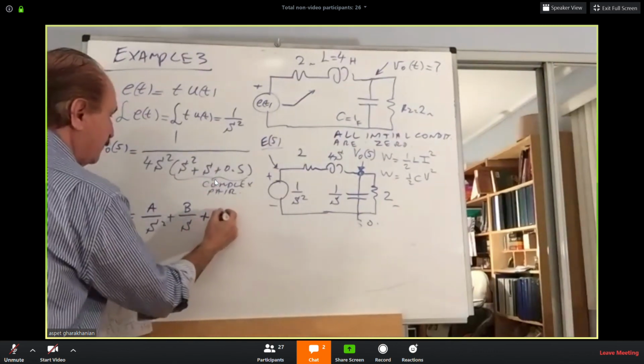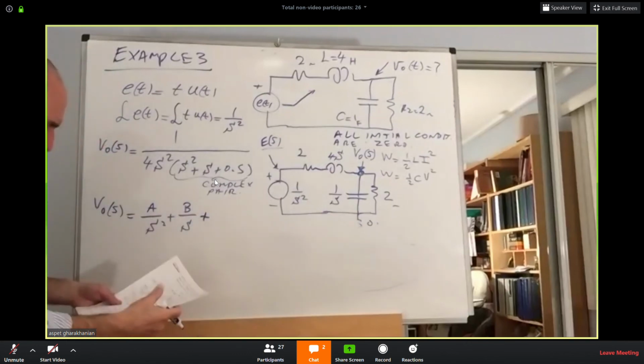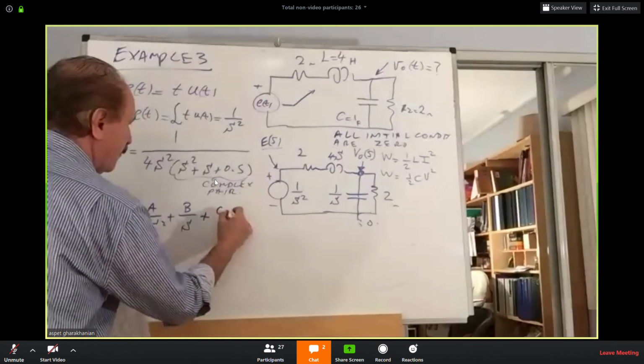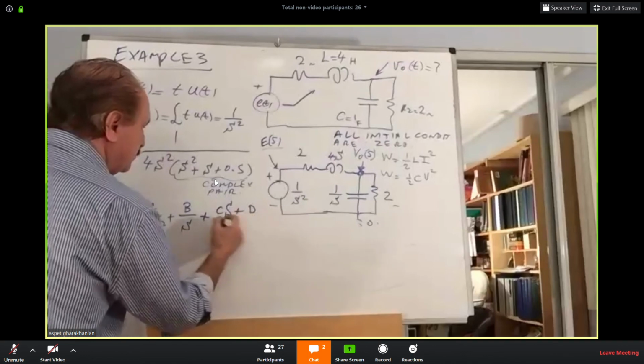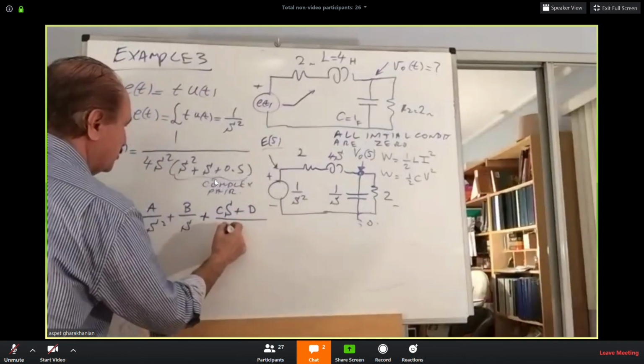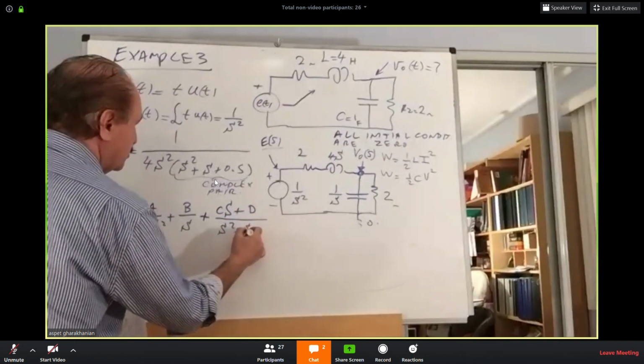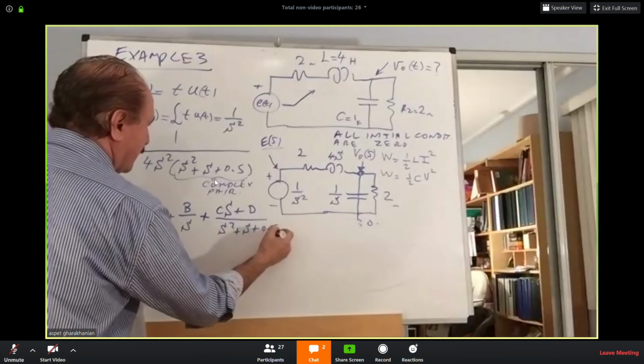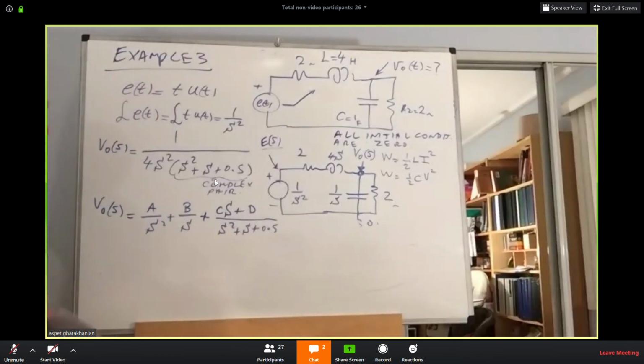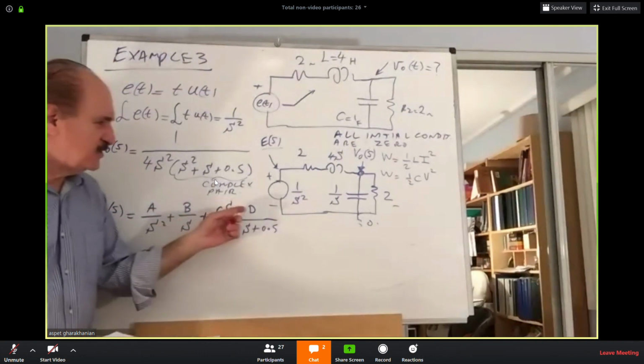Then plus CS plus D, another constant, divided by S squared plus S plus half. Okay. There are many ways of determining A, B, C, and D.